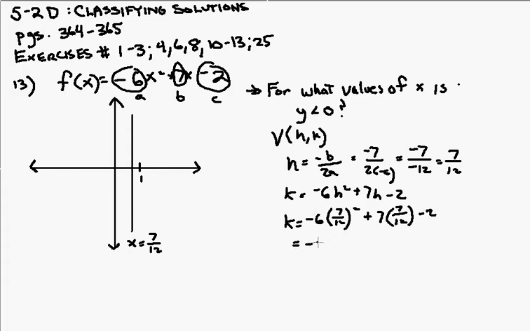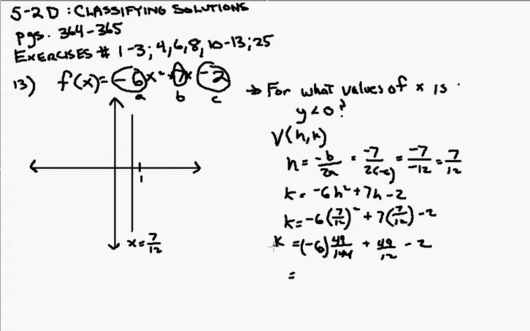So this is equal to negative 6 times 49 over 144 plus 49/12 minus 2. So if I go negative 6 times 49, I get negative 294.